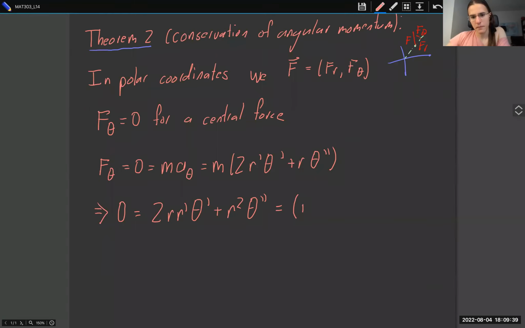Yep. And so as a corollary, there's some value, which we'll call h, such that r squared theta' is equal to h, some constant. And h is the angular momentum.